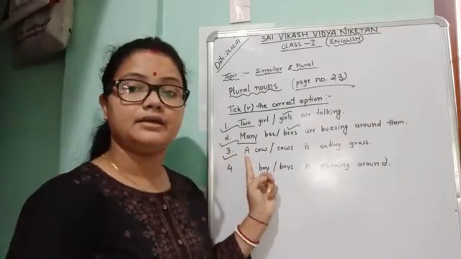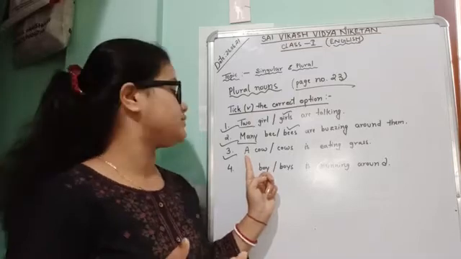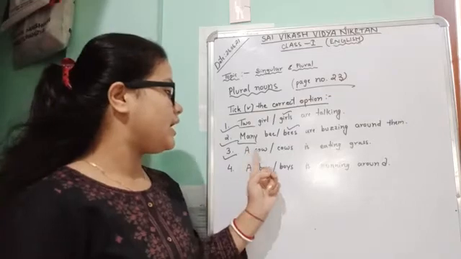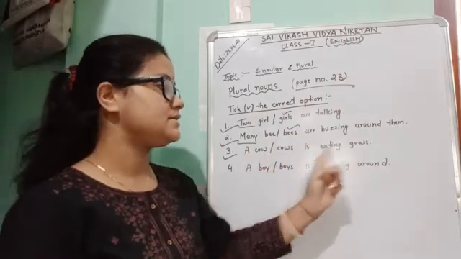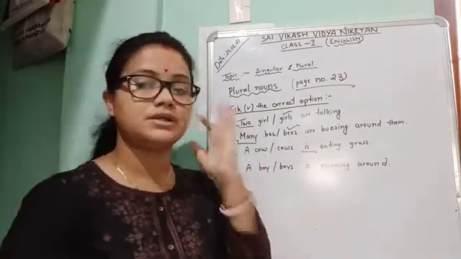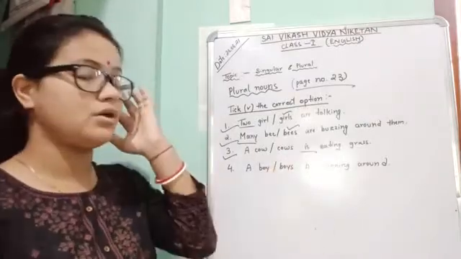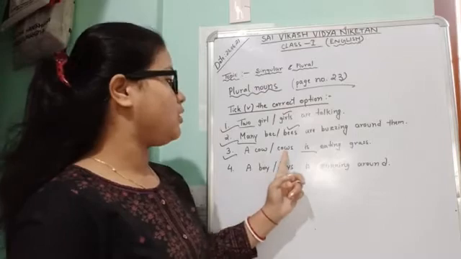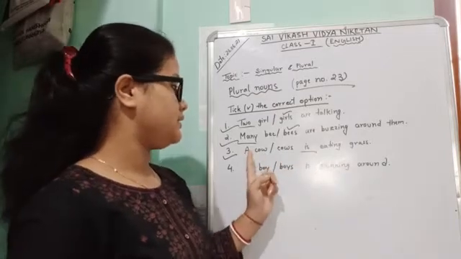Next, number 3. A cow or cows is eating grass. You can also say one cow or a cow, both are similar. Whenever we use is, it is called singular form.